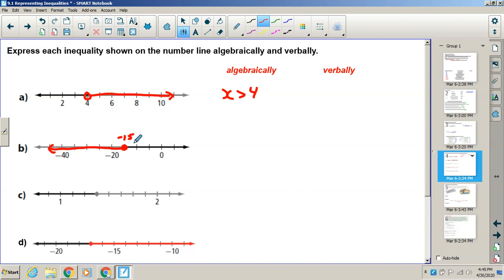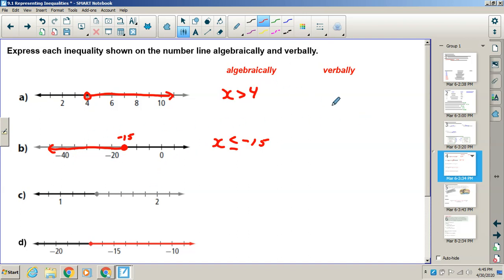This is including negative 15, and it's going left, so it's going to values that are smaller. So this algebraic version would be x is less than or equal to negative 15. And the reason, again, it's less than or equal to is because this is a shaded in dot or a closed dot. That means negative 15 is a part of this inequality.